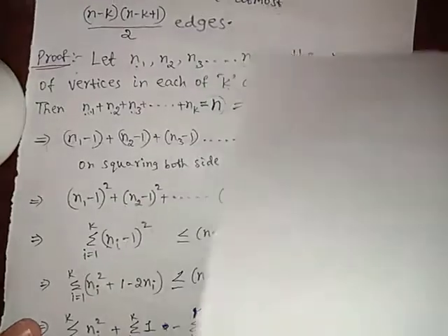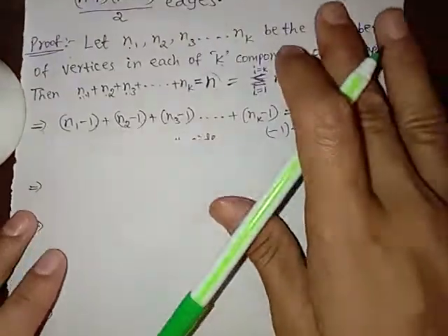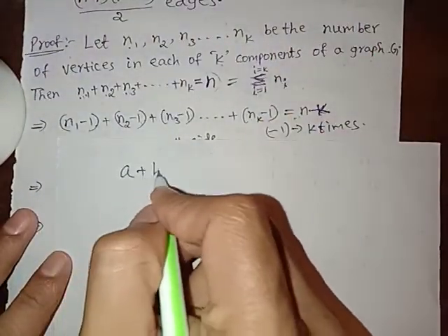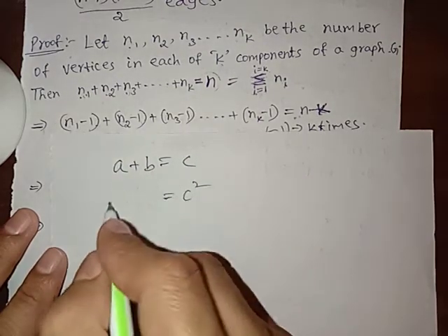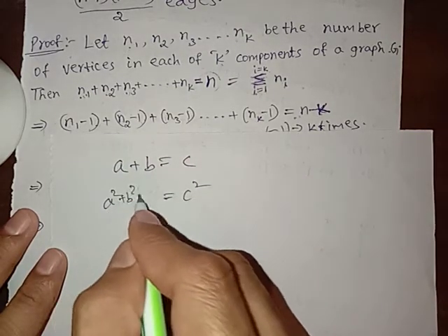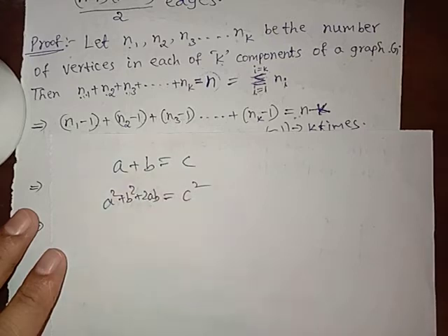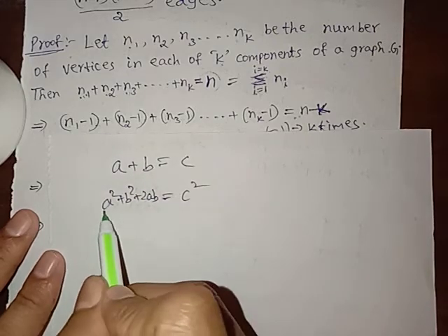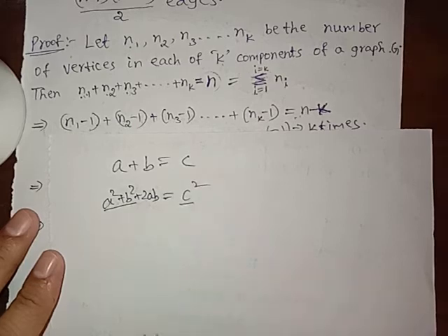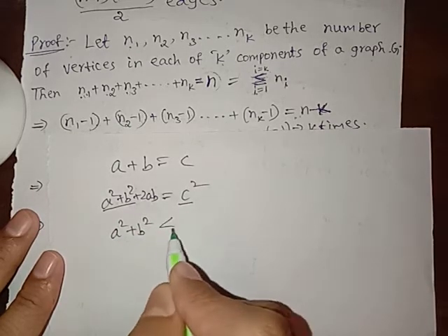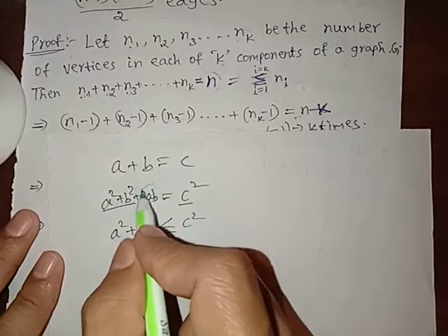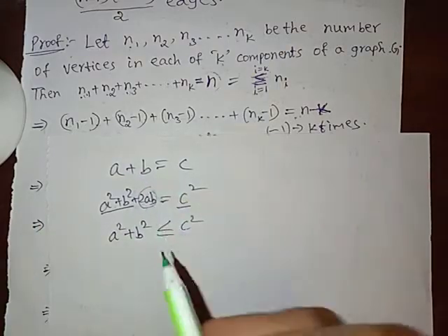On squaring both sides, consider if we have a plus b is equal to c. What is c square? c square means a square plus b square plus 2ab. Now what is the relation between a square plus b square and c square? It is a square plus b square less than or equal to c square, since 2ab may be 0 or some finite value.